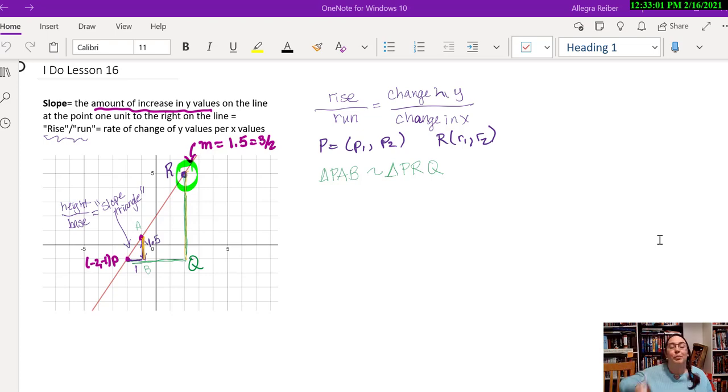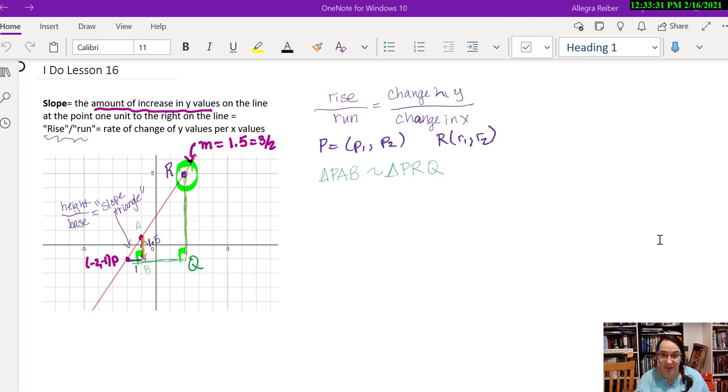And I know that because they're both vertical lines. Therefore, the angles formed when they hit the horizontal line that goes from P to Q will be the same. So I know that I have 2 right angles. So that's one angle in common. Secondly, I notice that they share a common angle. There's actually one angle that is part of both triangles.